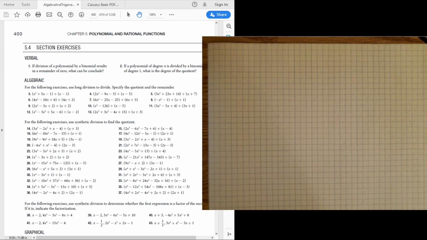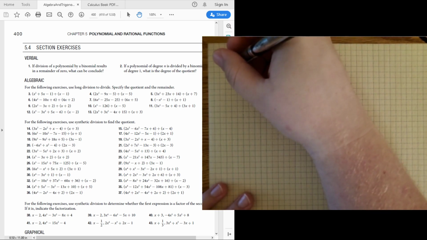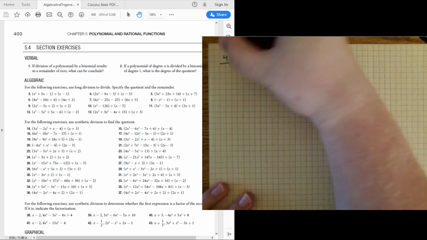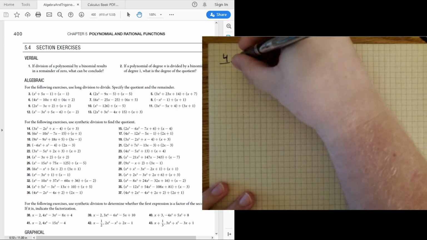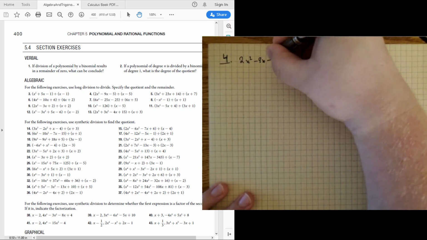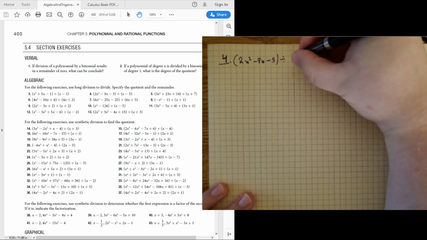Let's do number 6. Actually, you know what? Let's do number 4. We'll do number 6 afterwards. Okay, so we have 2x squared minus 9x minus 5 divided by x minus 5.